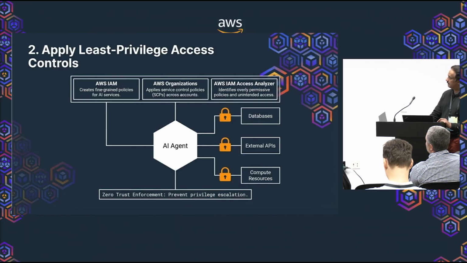The second step is applying least privilege access for these AI agents using IAM and AWS Organizations, setting up the right policies across accounts, using IAM Access Analyzer to identify overly permissive policies and unintended access across databases, external APIs, and compute resources.